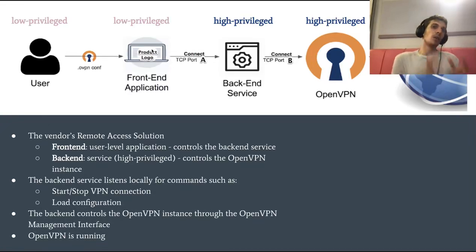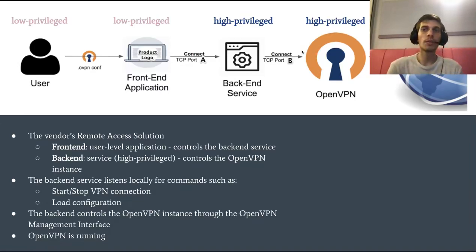The whole purpose of the front end application is to tell the service, again through a TCP socket, which is always running in the background, to start the OpenVPN instance. And the OpenVPN instance is always listening for a command to start the tunnel or to kill the tunnel, and it does it again through the management interface feature.